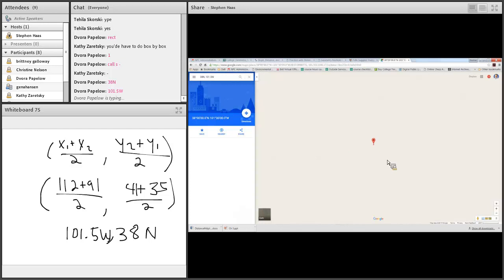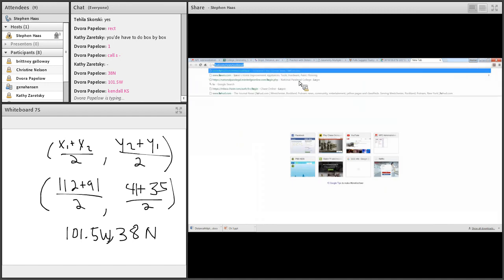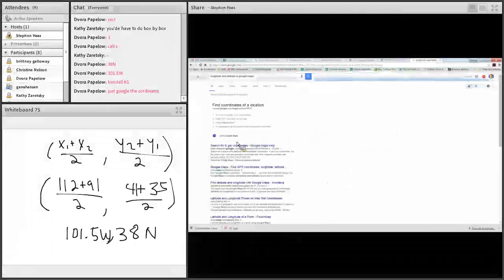Seems to be empty. I know that Google Maps lets you do this. How do you format this thing?